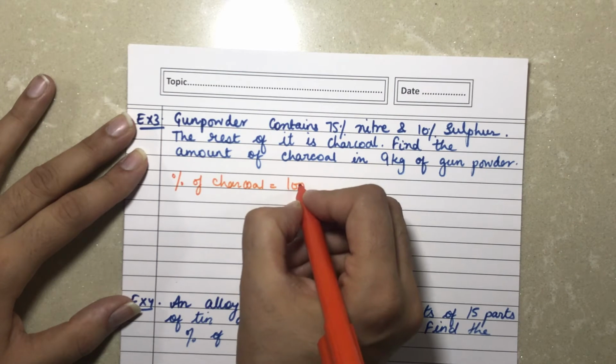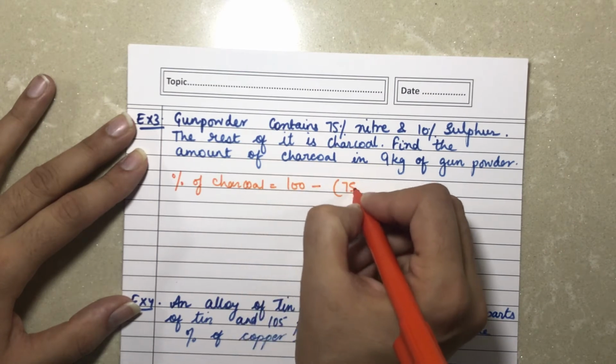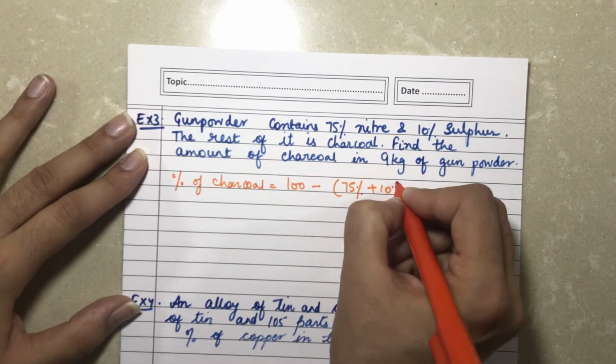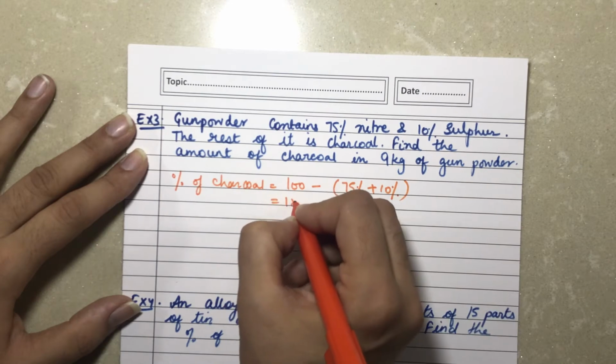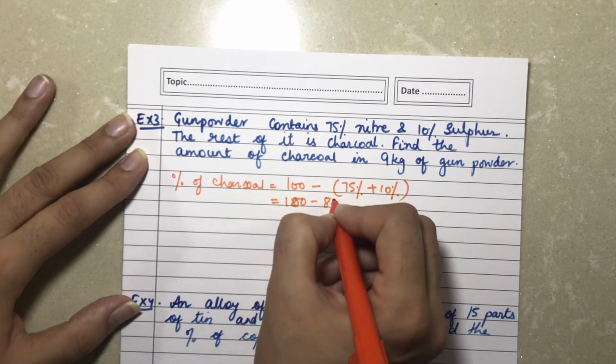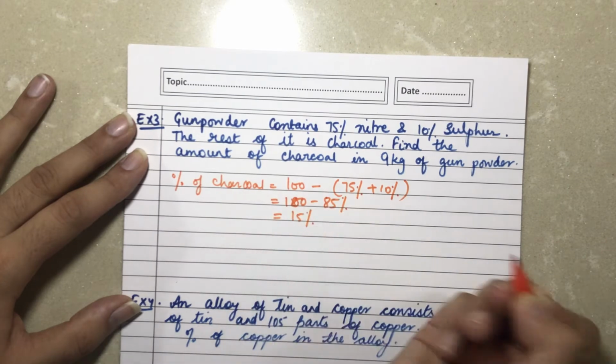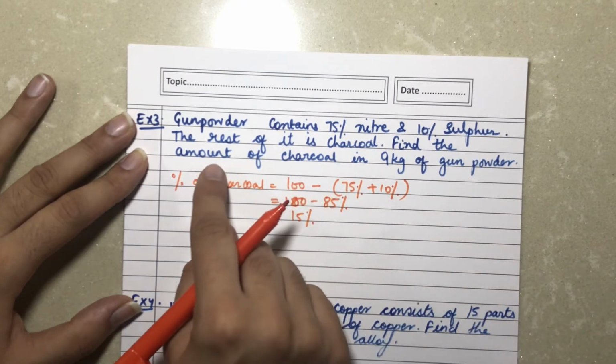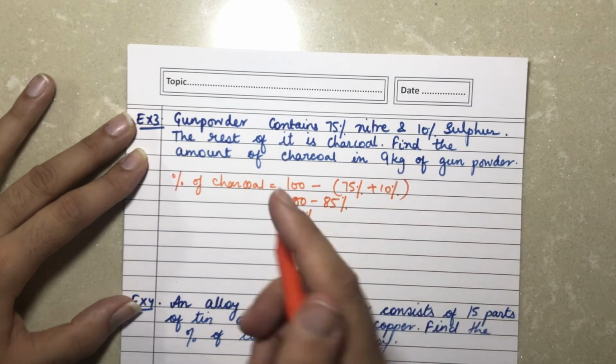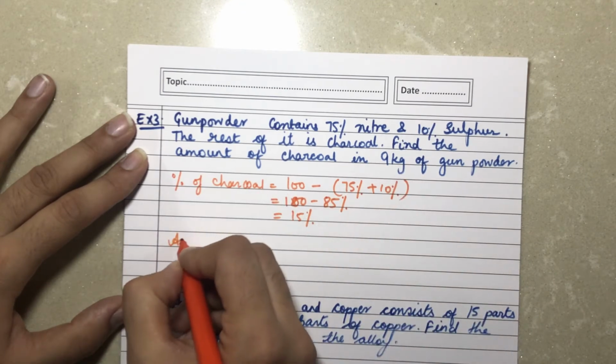Percentage of charcoal is going to be 100 minus 75% plus 10%, which is 100 minus 85%. So I get 15%. Now I have to find the amount of charcoal in 9 kg. So I will simplify.